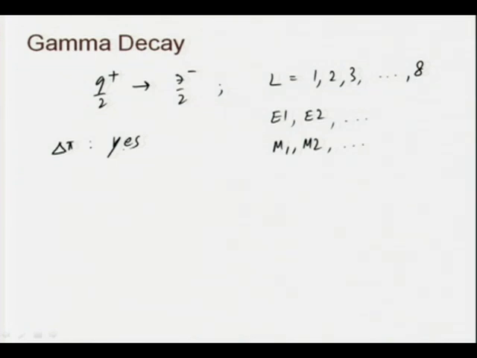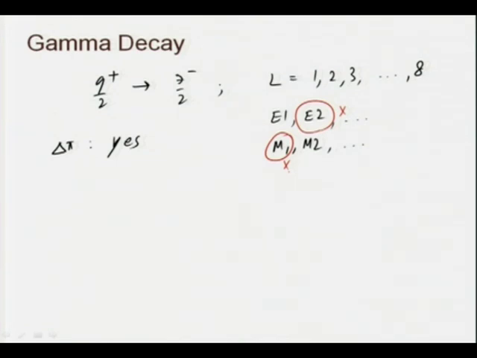As we said earlier, E1 is associated with change in parity, and therefore, that is possible, but E2 is not possible because E2 corresponds to no change in parity. Similarly, for the case of magnetic transition, M1 is not possible, but M2 is possible.